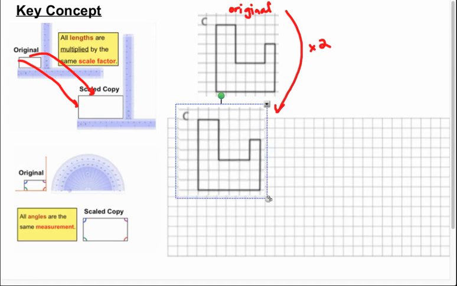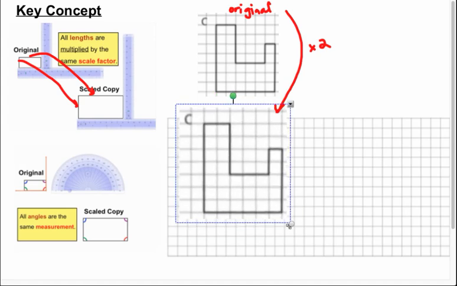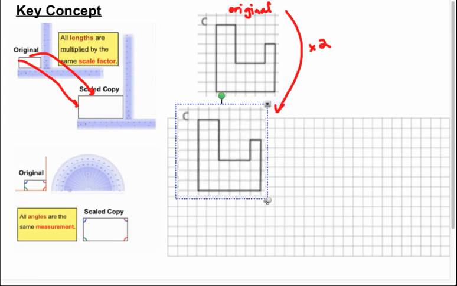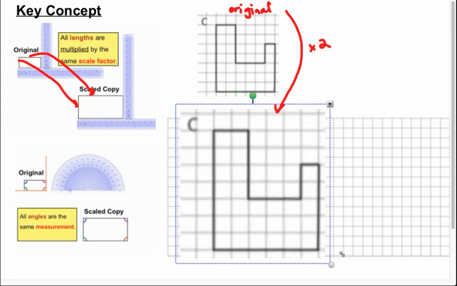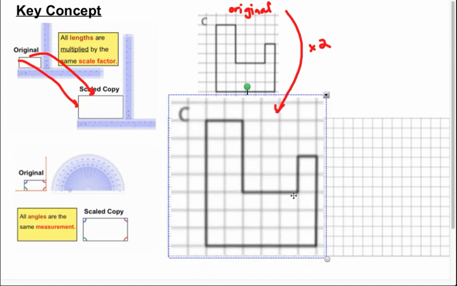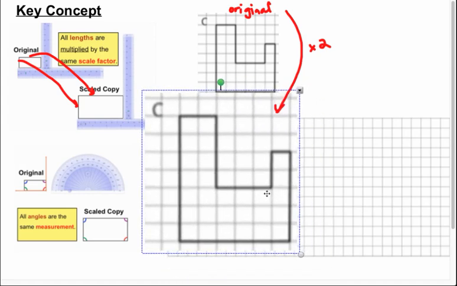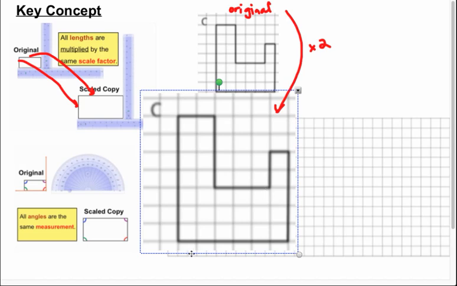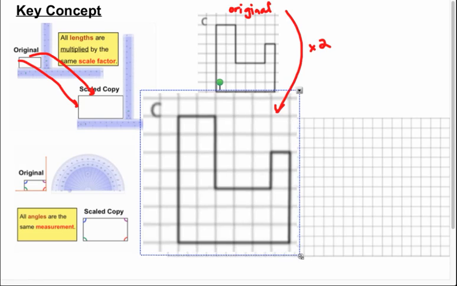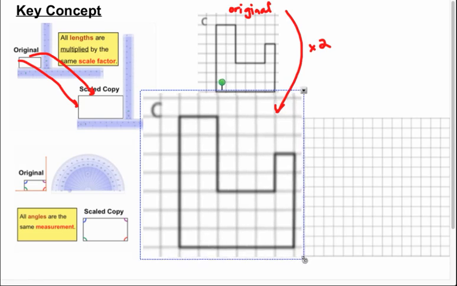I would make sure that this was 12 units long. So right now this bottom piece is 1, 2, 3, 4, 5, 6, 7, 8, 9, 10, 11, 12 units long. Let's make it 12 units long right there.